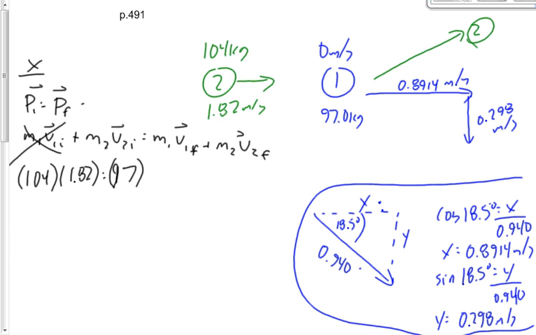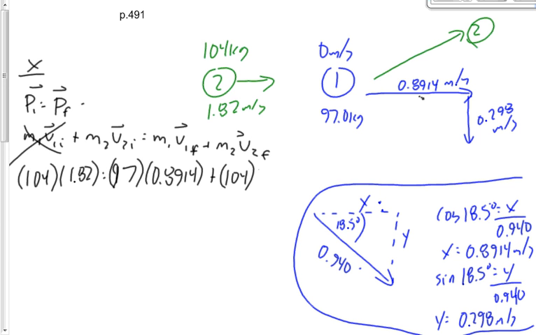Okay, so the velocity of object number 1 after the collision, x component. John, you got it there? Good, 0.8914. Right, does that make sense? Plus M2 times V2F. We don't know what V2F is, do we?